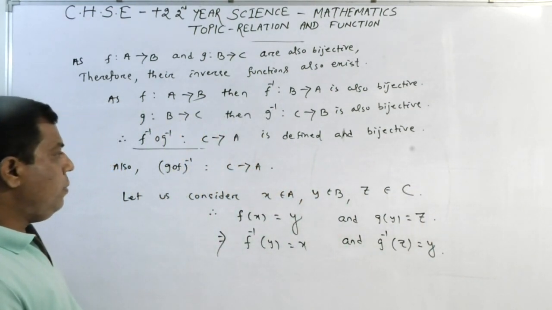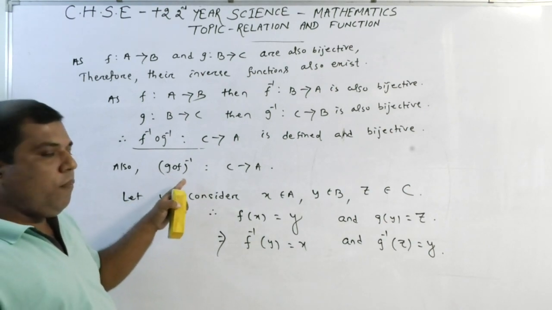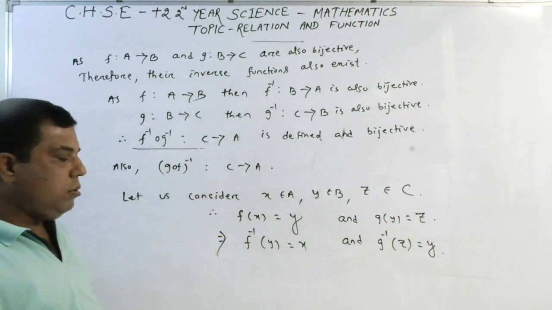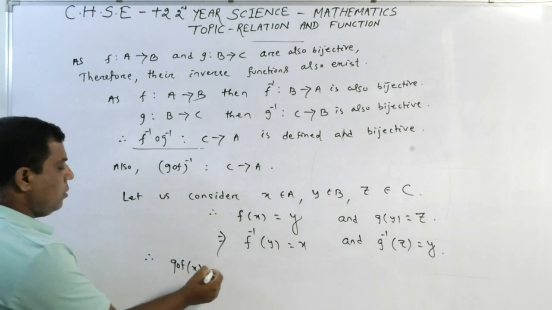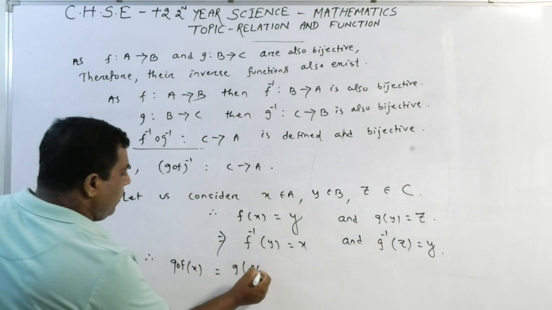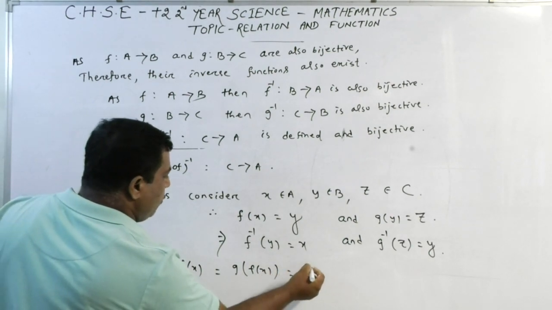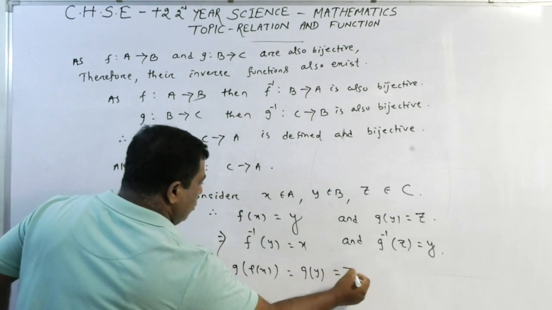Okay. Now we will check what is g∘f and how it rules out. Therefore, g∘f of x, the composition, it is g of f of x, so it is g of y, which is equal to z.